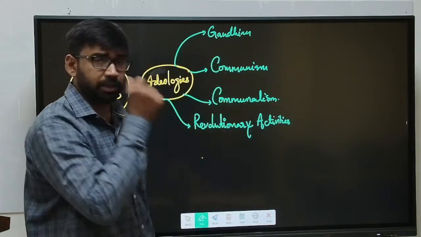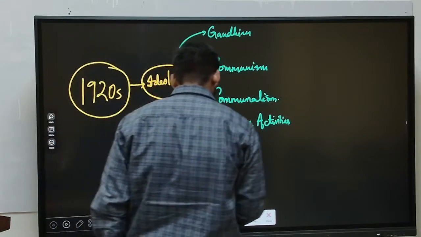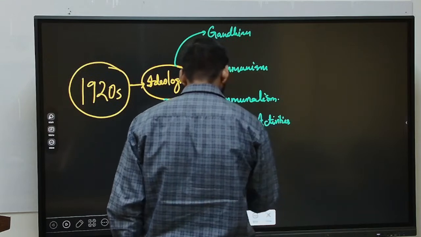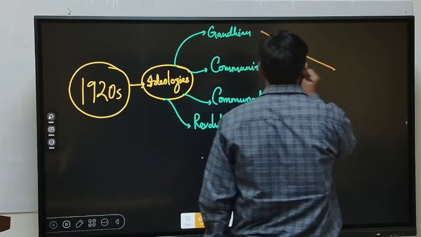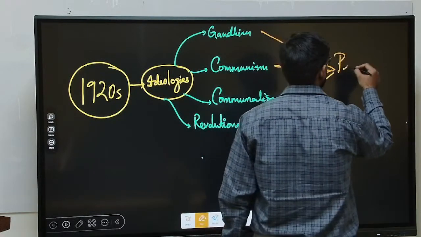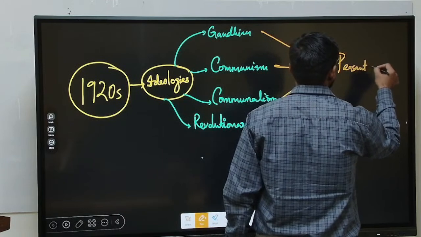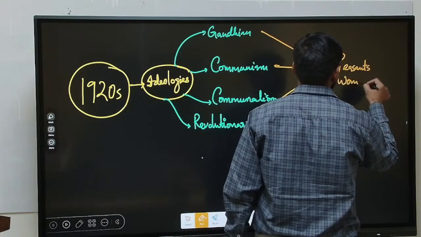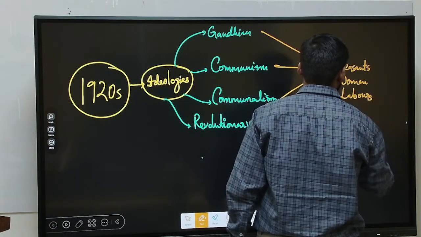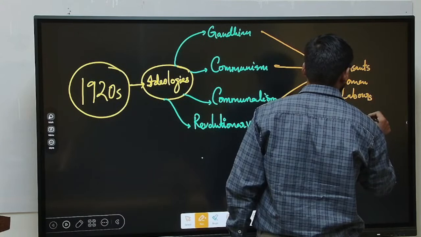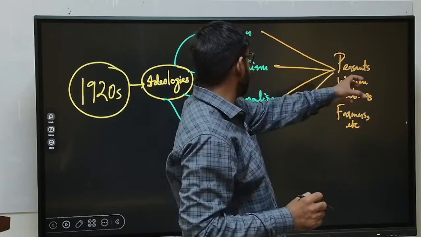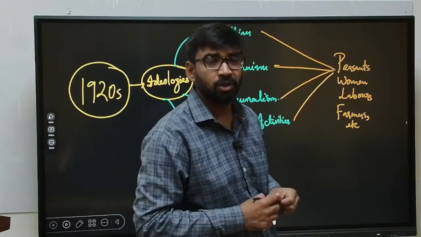These ideologies were there, and social base was also expanded. Now, social base: peasants, involvement of peasants, women started participating, laborers, farmers, etc. This resulted in expansion of social base.